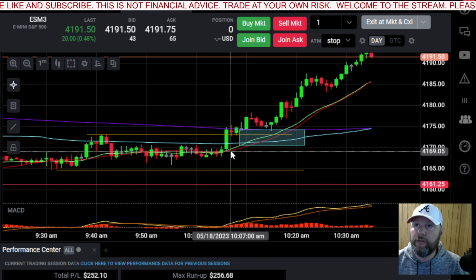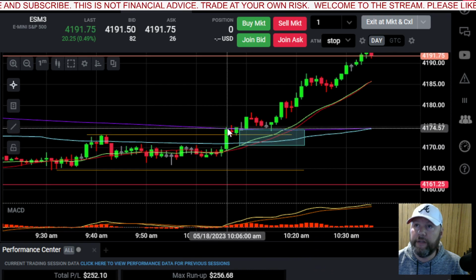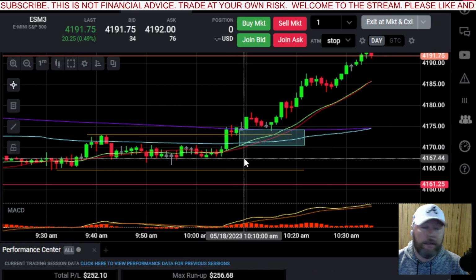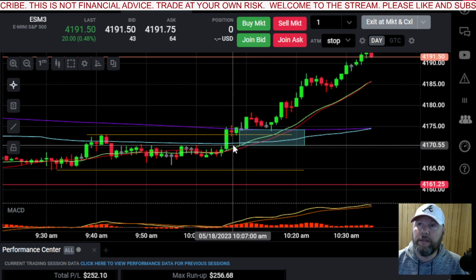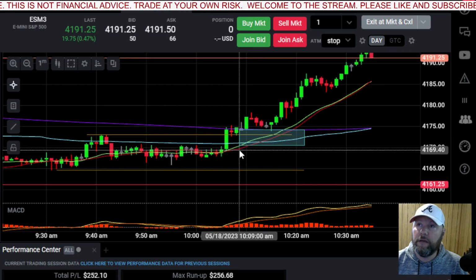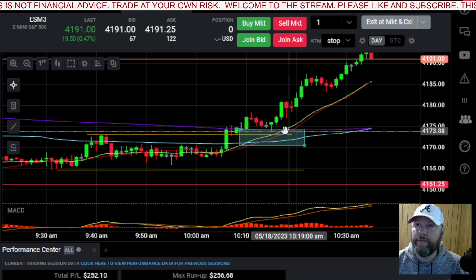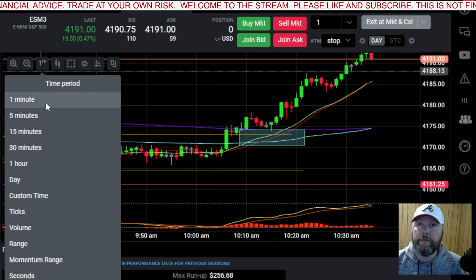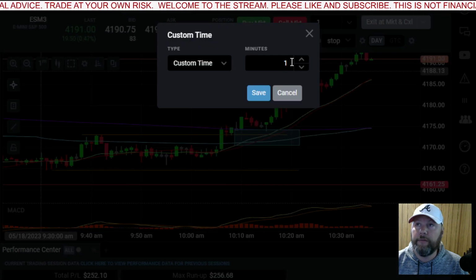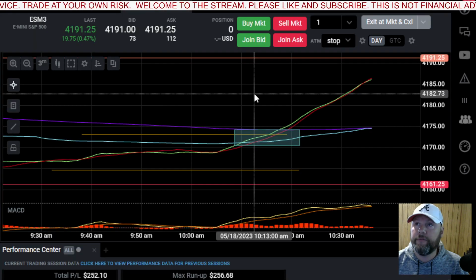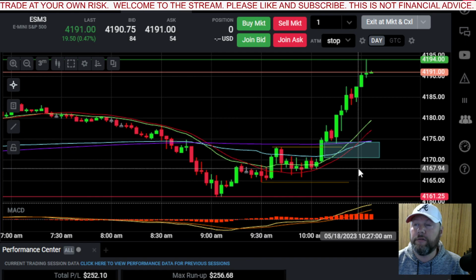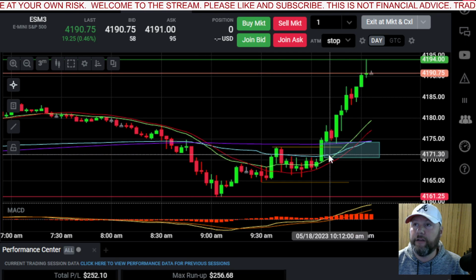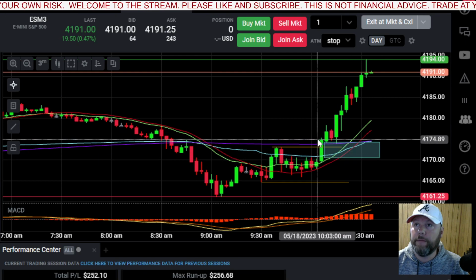Now you can see you had this candle here close above it. The nice thing about this setup is, in this particular instance, it did create a fair value gap on the higher time frame. If you switch over to the 3-minute time frame, and you don't have to use the fair value gaps for this strategy, but just showing you, it did create a fair value gap here on the 3-minute time frame.